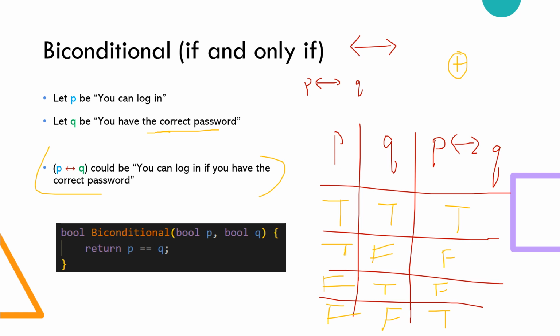And the key for the biconditional is that this compound proposition, P biconditional Q, is only true if both P and Q have the same truth values. It doesn't matter what truth values they are. Both of them could be false, but as long as they have the same truth value, then the whole statement is true.